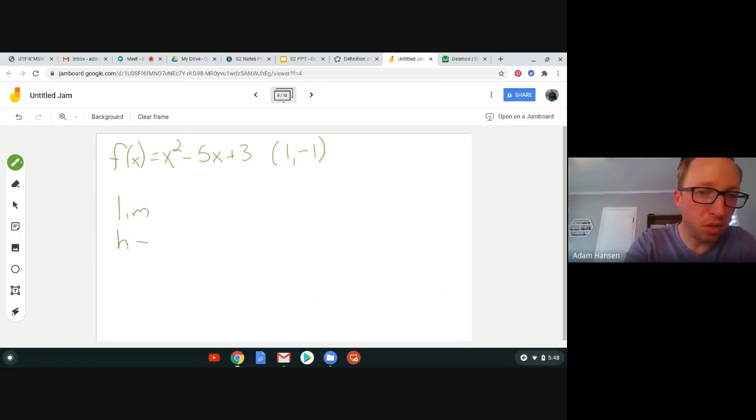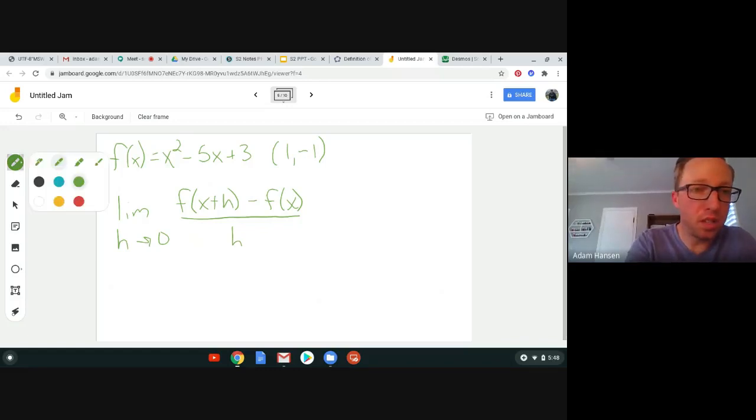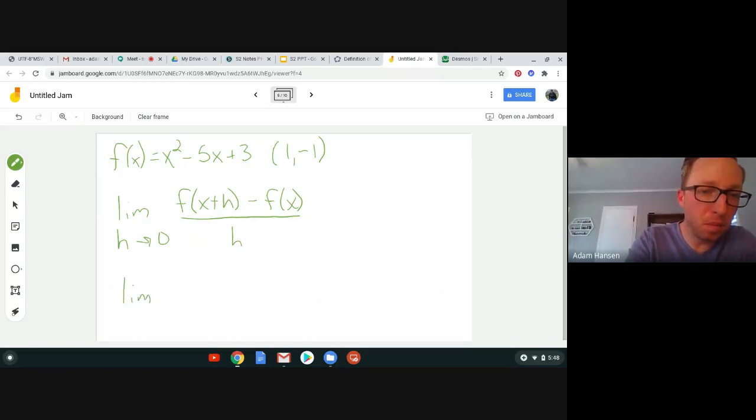as h goes to 0 of quantity f of x plus h minus f of x, all divided by h. All right, so let's get this set up. Keep using green. The limit as h goes to 0.